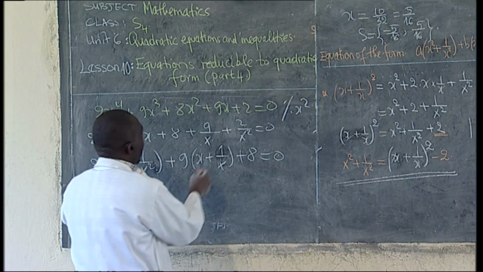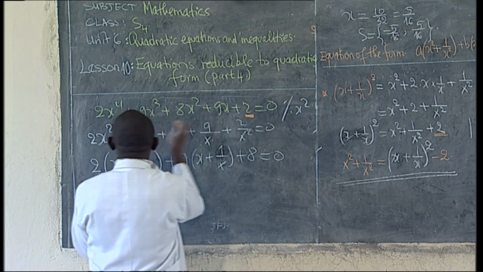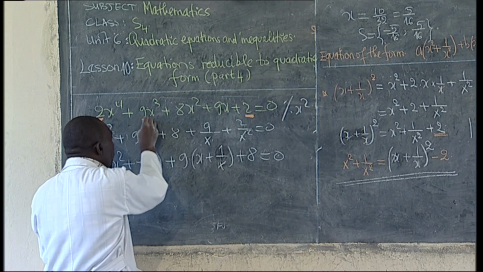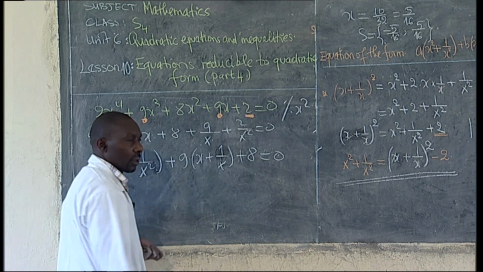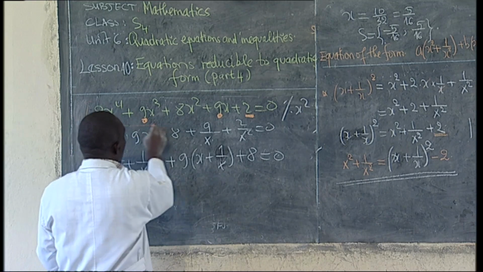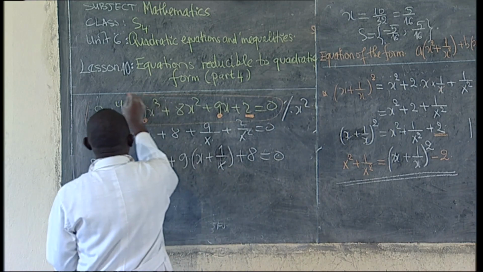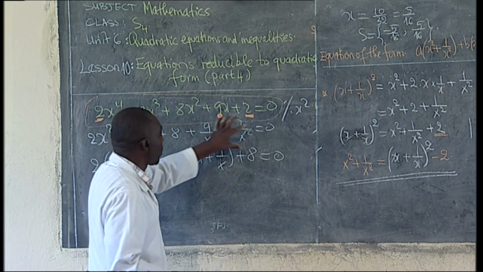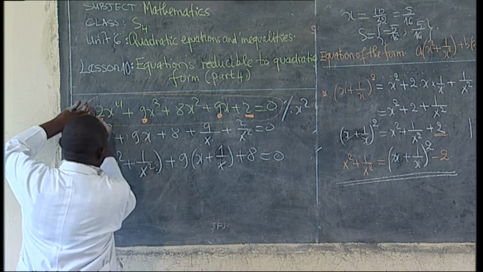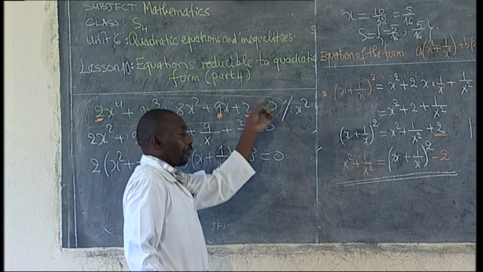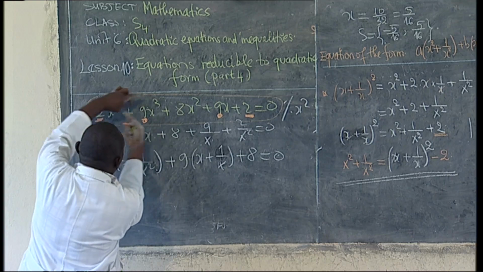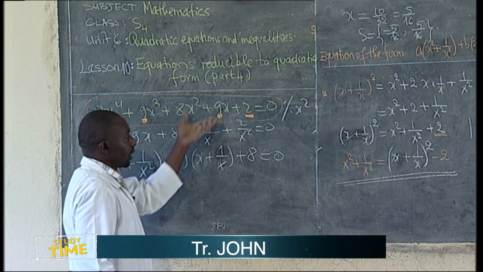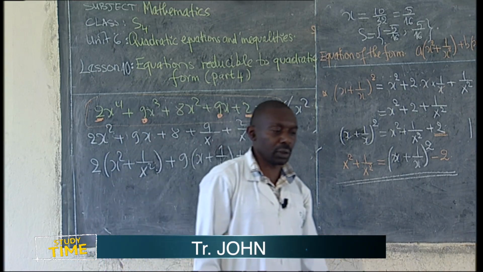Also, you can realize that the coefficient here is 2, and here is 2, and also there is a 9, and the 9 is here. So this equation, where the coefficients of terms occupying the same position, this is the first from left, this is the first from right, this is the second from left, the second from right, are the same, is known as a reciprocal equation.